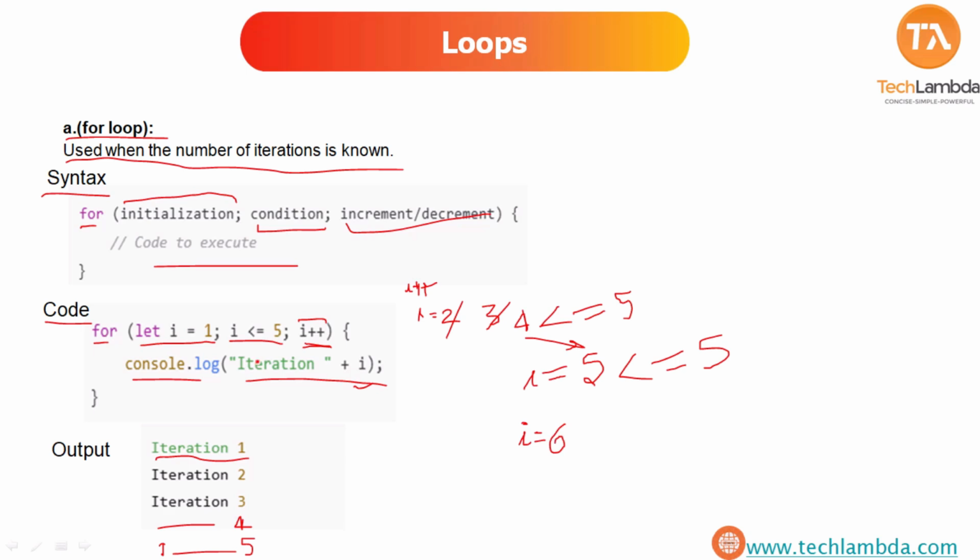Now it checks the condition: 6 is less than or equal to 5. Is it true? No, it is not true. So we complete the code and exit from the loop, right? So we have this output.